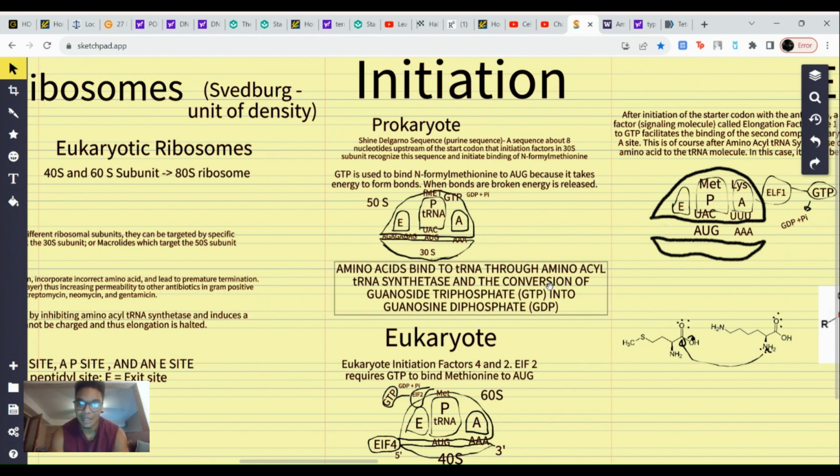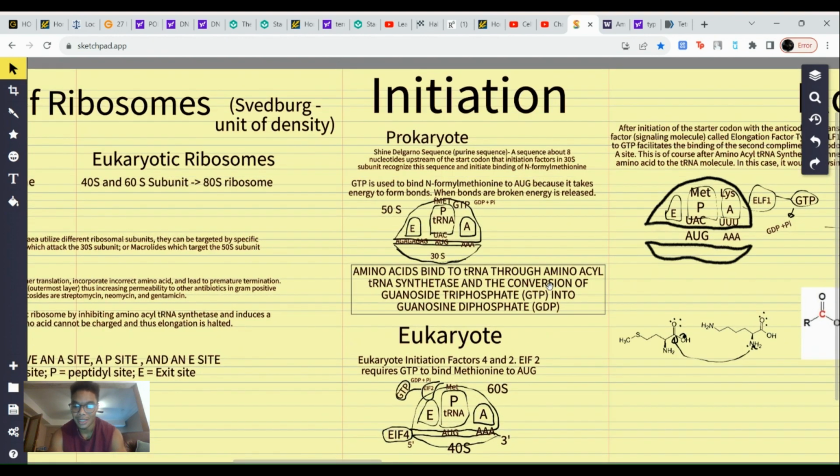Initiation is the first step. We are going to get through this. Shine-Dalgarno sequence, purine sequence. If you remember in the very first video on DNA, purines, basically the rings, A and G, they are silver, and you'd rather have a lot of silver rings. So adenine and guanine.